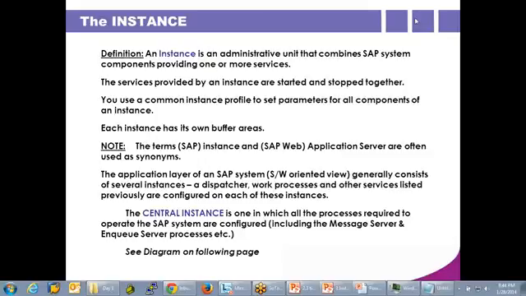And this SAP instance, we can call it an instance, SAP instance, application server, or web application server, or Web AS server. Web AS server means web application server. All are synonyms for instance.